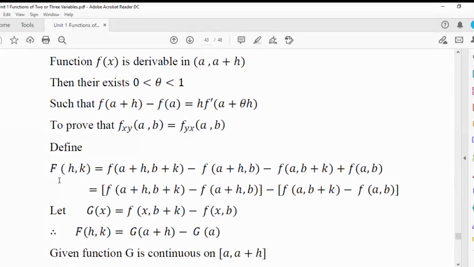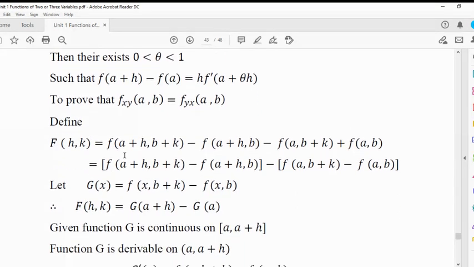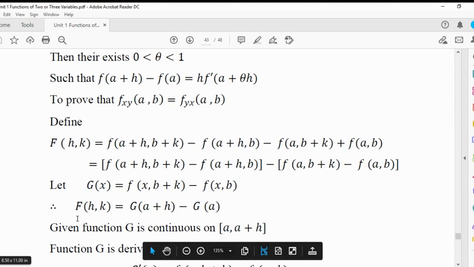Define a function capital F of (h, k) equal to f of (a plus h, b plus k) minus f of (a plus h, b) minus f of (a, b plus k) plus f of (a, b). Now we can take the first two terms in one bracket and the second two terms in another bracket. Define capital G of x as f of (x, b plus k) minus f of (x, b). Then the first two terms become G of a plus h.